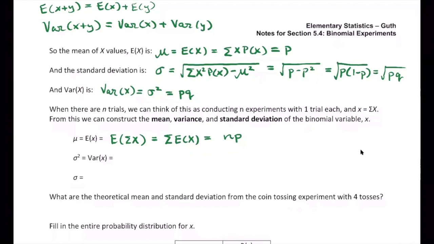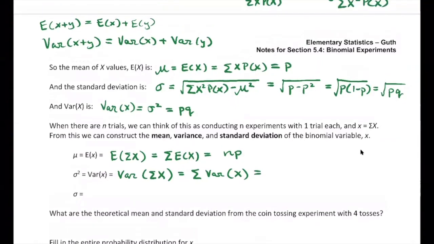So we're doing the variance of the sum of the number of heads on each individual coin. Big X is the number of heads on one coin, and we're adding that up for each coin. The variance of the sum is the sum of the variances for each individual coin.